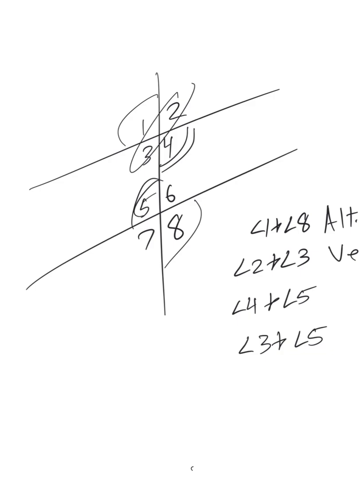Alternate interior angles. And angle 3 and angle 5. I made a mess of that. Consecutive interior angles. All right, well, I guess I got to stay in between the lines here. All right, let's do this part again.